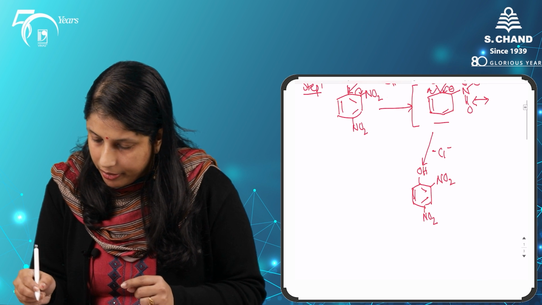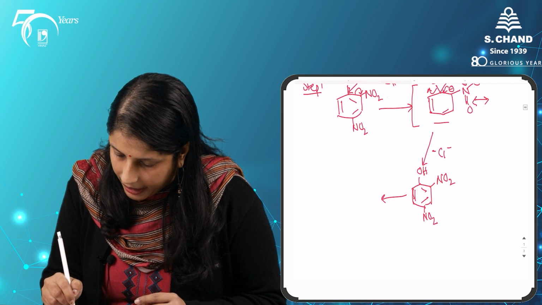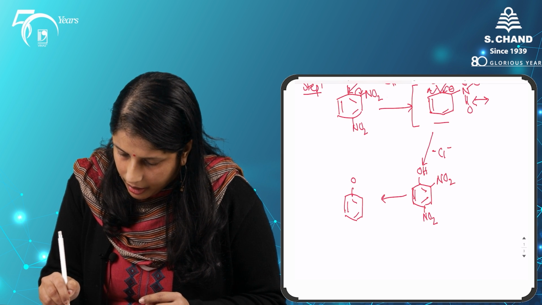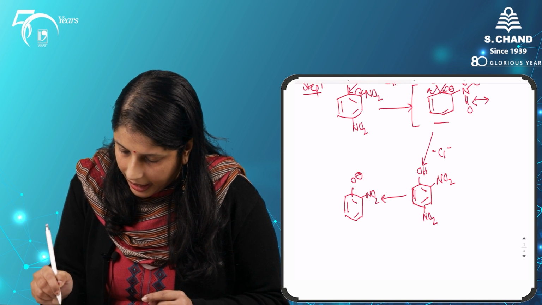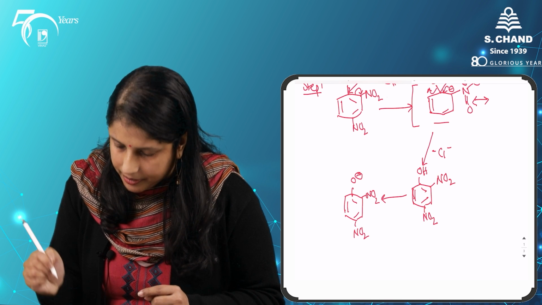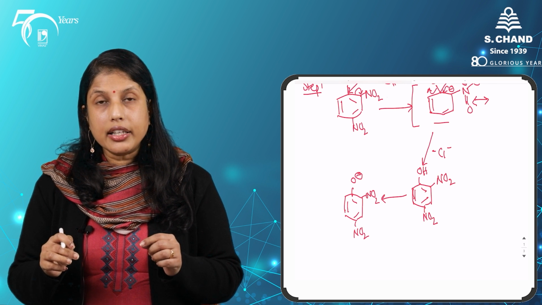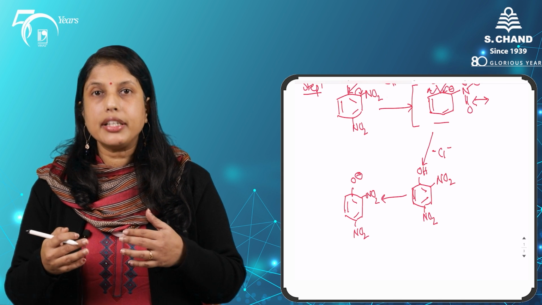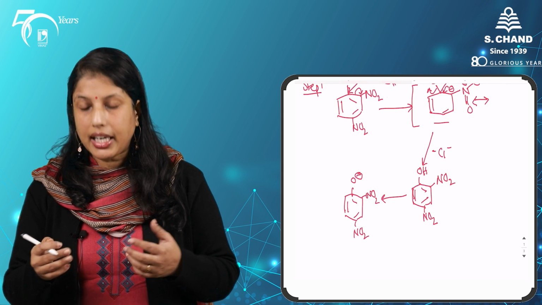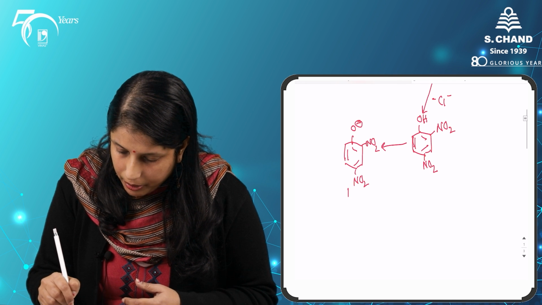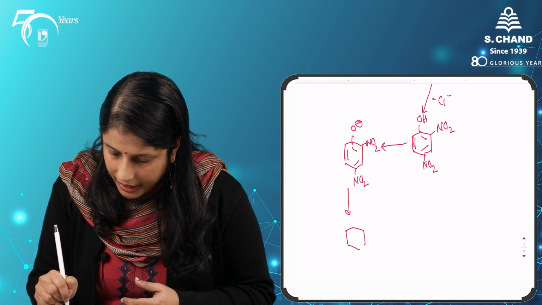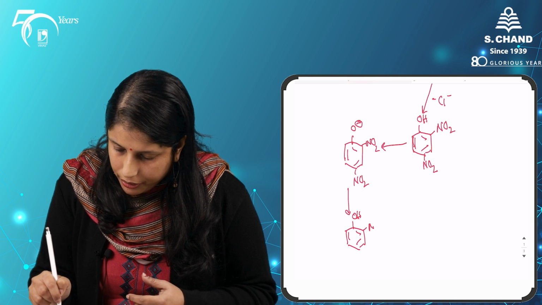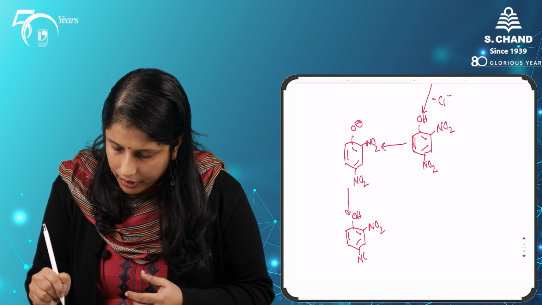And what does that give me? That is going to give my phenoxide anion. This phenoxide ion in the final step is going to get protonated either in the presence of water or if we treat it with dilute acids, and we end up getting our desired product, which is our 2,4-dinitrophenol.